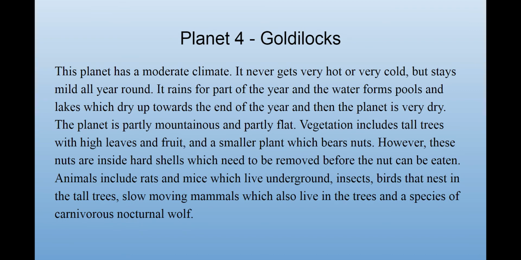However, these nuts are inside of a hard shell that must be removed before they can be eaten by animals. Animals on this planet include rats and mice, which live underground, insects, birds that nest in tall trees, slow-moving mammals, which also live in the trees, and a species of carnivorous nocturnal wolf. So moderate climate, not too hot, not too cold, water part of the year, no water the rest of the year, some tall trees.